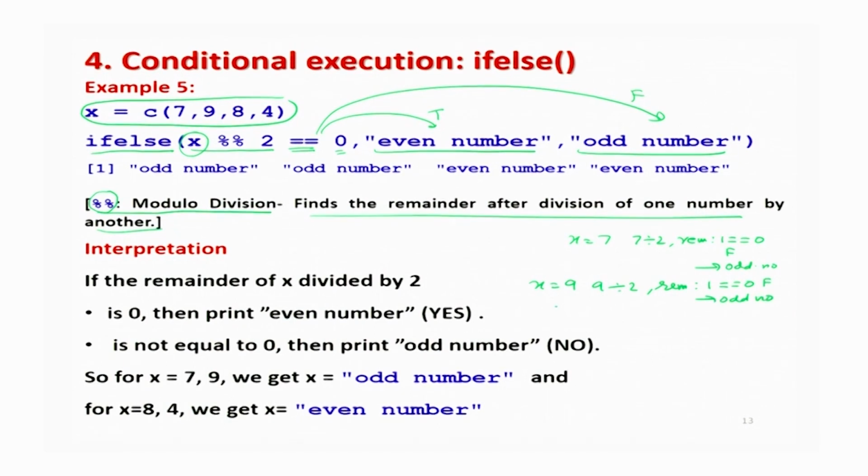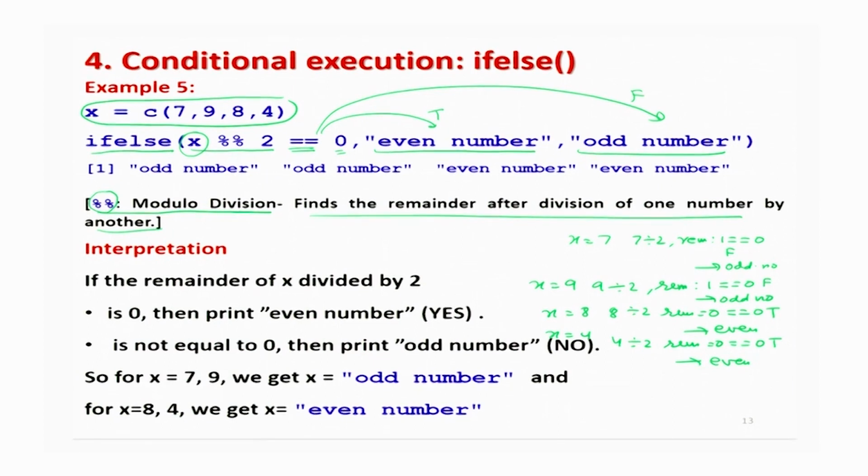Now, the next value here is x equal to 8. So, 8 will be divided by 2, the remainder will come out to be 0, and 0 equal to 0, yes, it is true. So, this will be printed as an even number, and finally, x will take the value 4, and 4 divided by 2, the remainder will come out to be 0, and 0 is exactly equal to 0, this is true, and so it will be printed as the number is even.